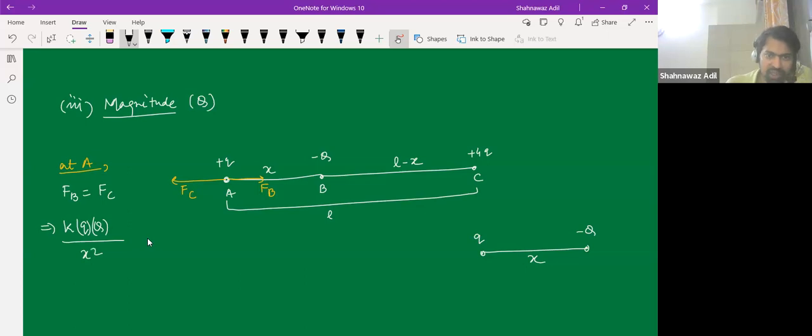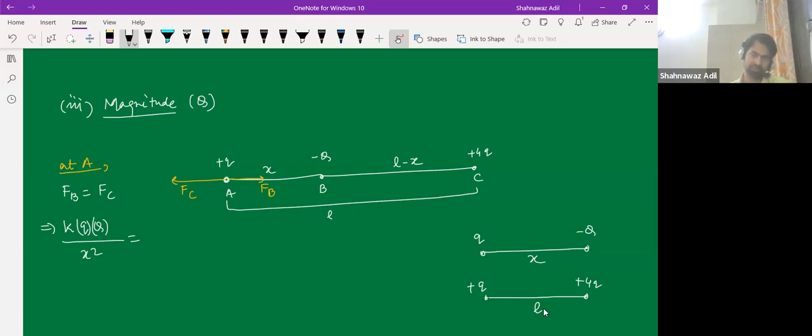So x square. Now, without any confusion, please tell me what is FC. We are calculating the force due to C charge at this point. Coulomb's law, K Q1 Q2 by R square, right? So what is Q1? What is Q2? What is separation?